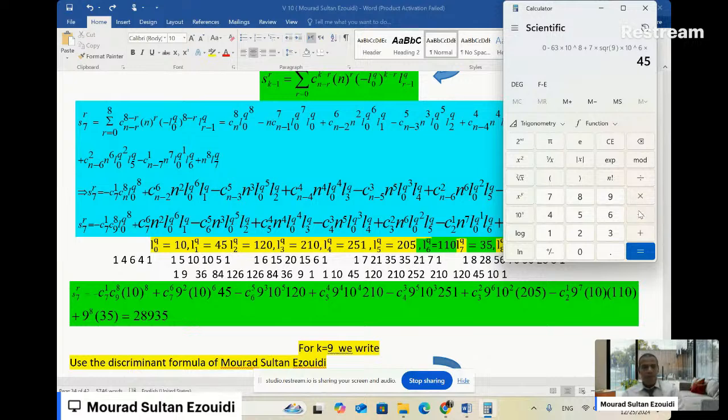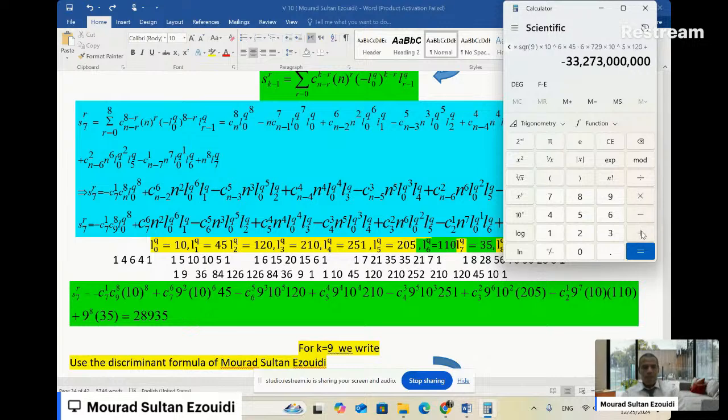Then minus 6 multiplied by 729, because 9 cubed, times 10 raised to the power 5, times 120.